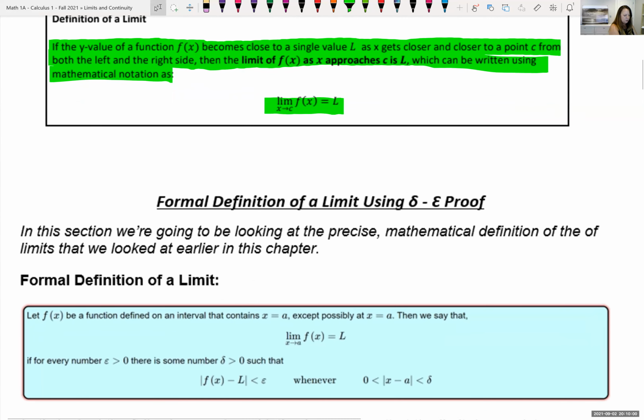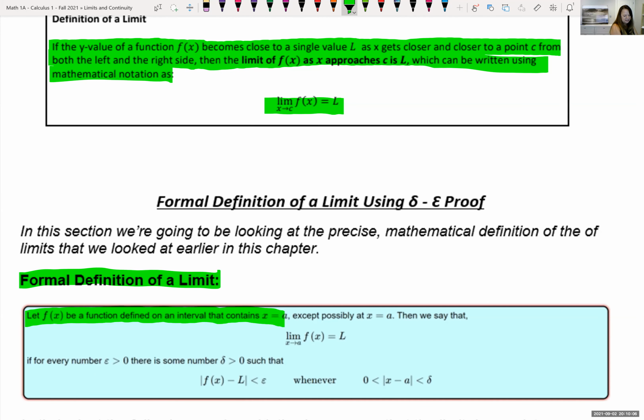Okay, so the formal definition of a limit says: let f of x be a function defined on an interval that contains some value a, except possibly x equals a, because remember, if a limit exists, it didn't necessarily have to exist at that a value or that x value.